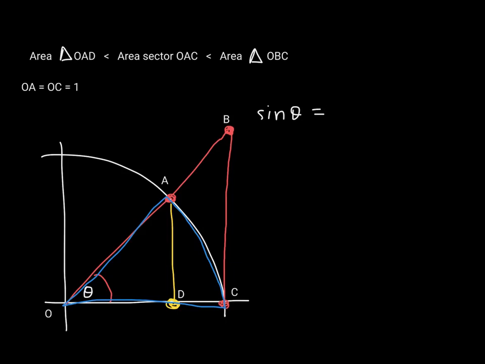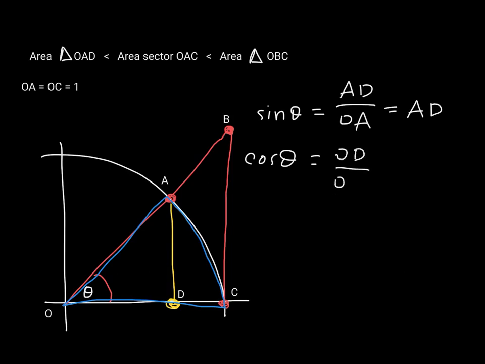But remember, we just said that OA is equal to 1, so then sine of theta is simply AD. Cosine of theta, remember cosine is defined to be adjacent over hypotenuse. So cosine of theta will be OD over OA. Again, OA is equal to 1, so then cosine of theta is simply OD.